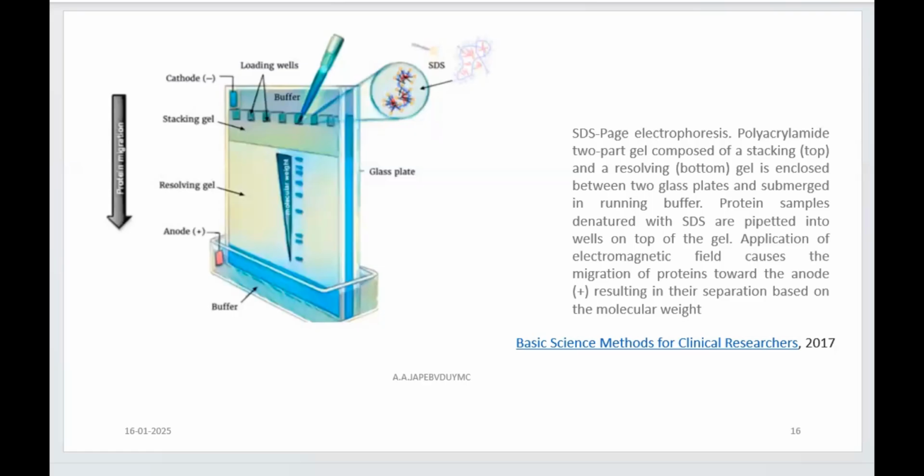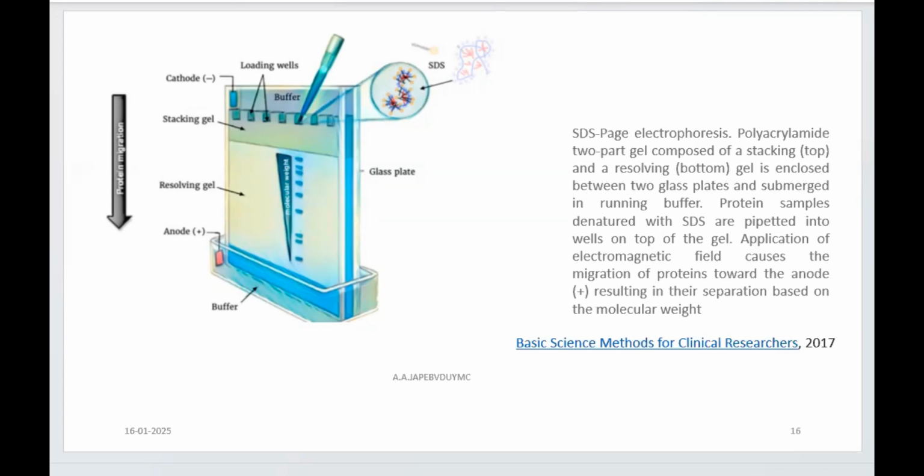The band sharpening effect will of course rely on the negatively charged glycinate ions in the electrophoresis buffer. So glycinate ions are there in the buffer, which are going to help in the sharpening of the band. They have lower electrophoretic mobility than protein-SDS complexes, and lower mobility than chloride ions also.